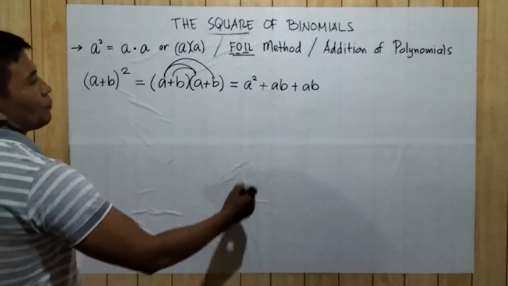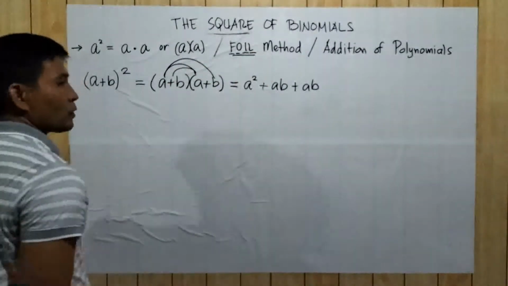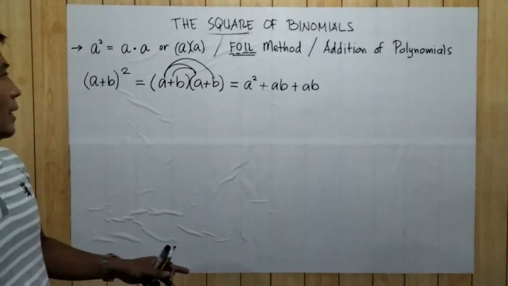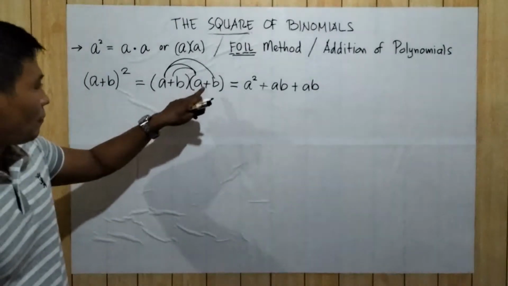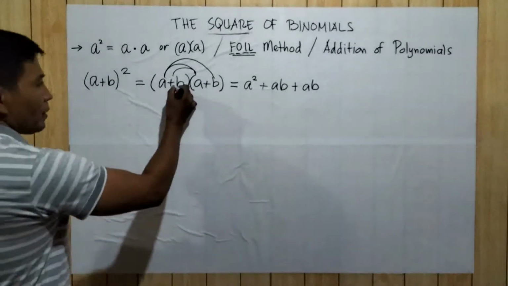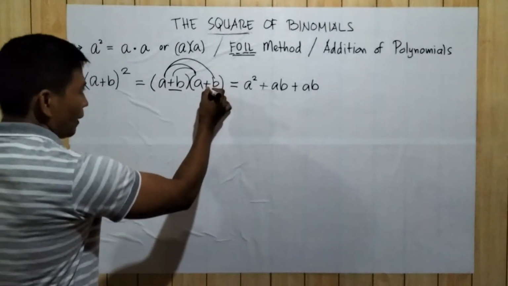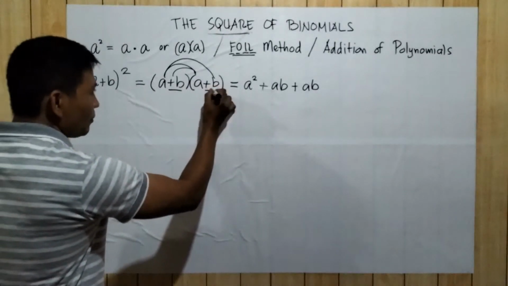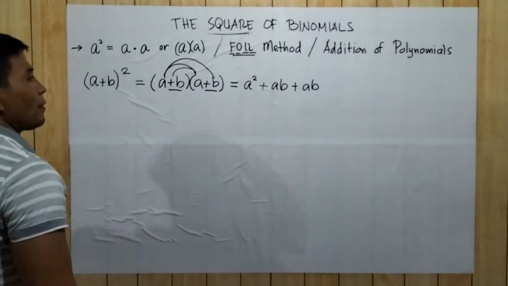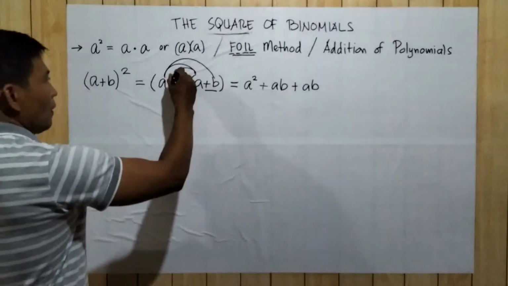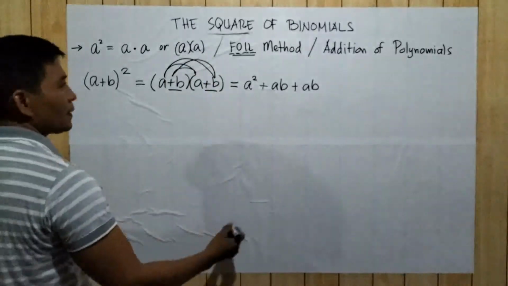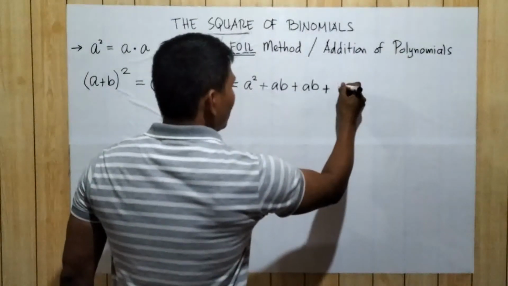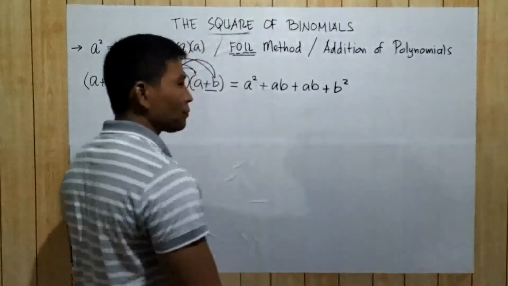Ngayon, punta naman po tayo sa last terms. Ibig po sabihin yan, last terms ng dalawang binomials na to. Last term ng first binomial natin ay positive b. Last term din ng second binomial natin ay positive b din. Therefore, positive b times positive b is positive b squared.